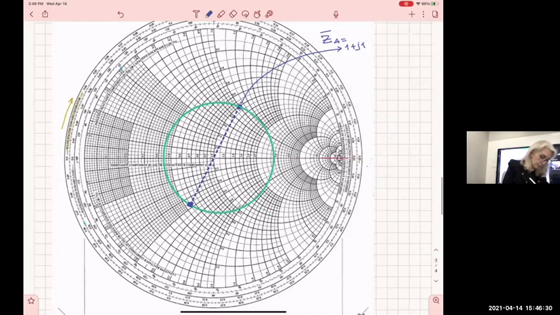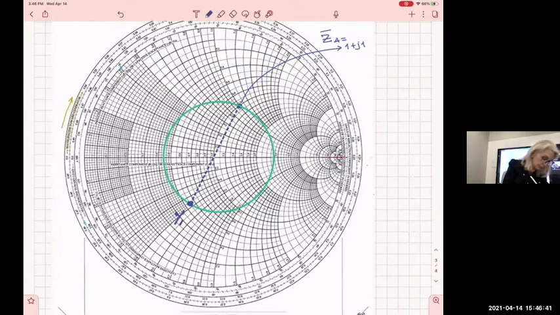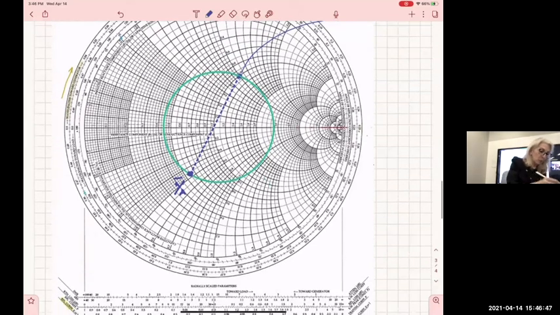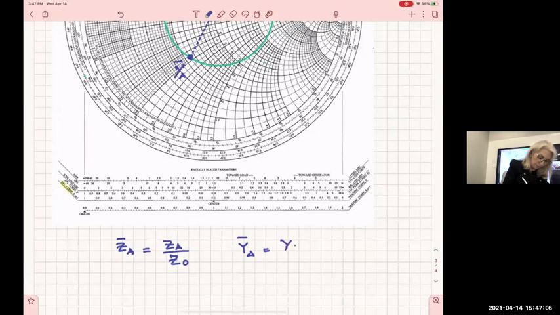When I say normalized admittance, what do I mean? It is divided by the characteristic admittance of the line. I'm gonna write here that this is the normalized admittance. To remind you, normalized impedance means ZA divided by Z naught. Normalized admittance is YA divided by Y naught.